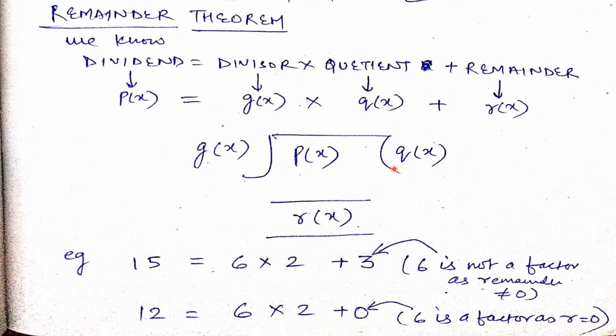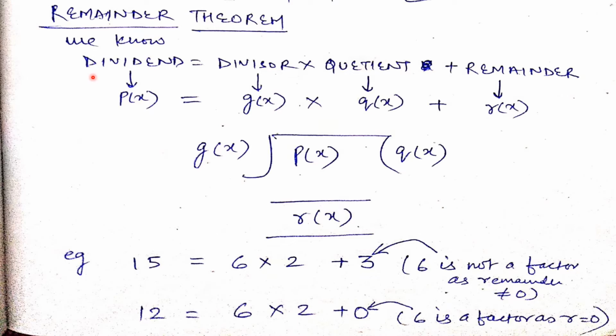I have taken the name as q(x), and for remainder r(x). Kindly note, these variables can change. This can be q(x), this can be t(x), anything, but that doesn't change the question. This position is for dividend, this position is for divisor, this position for remainder, and this position for quotient.